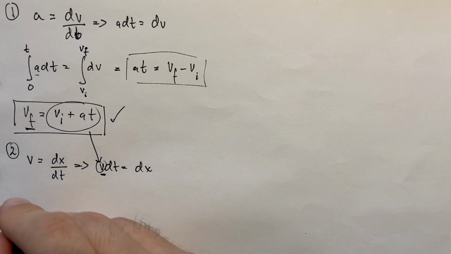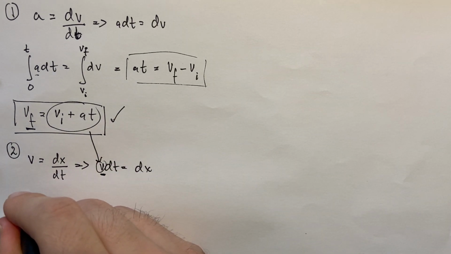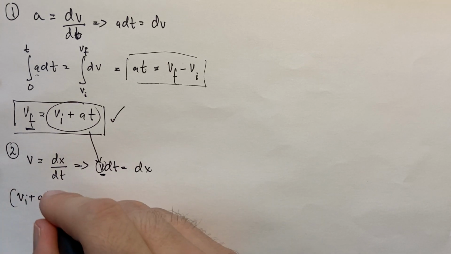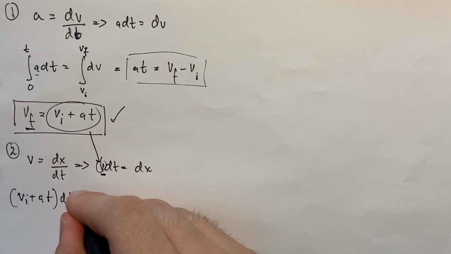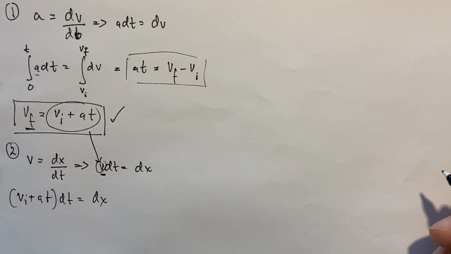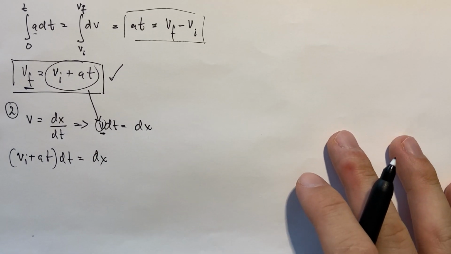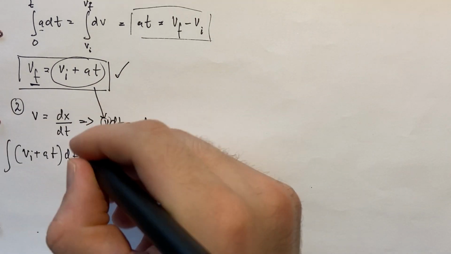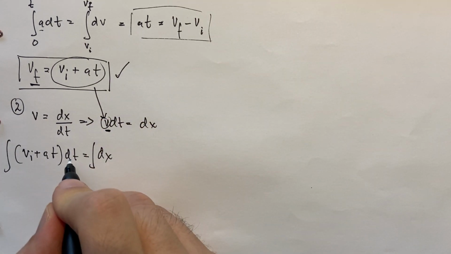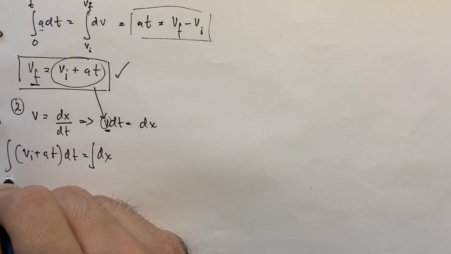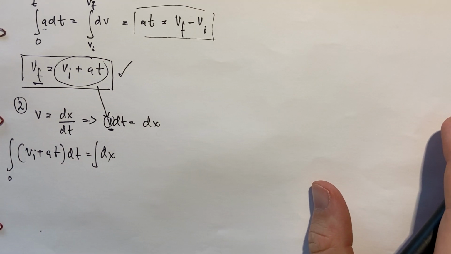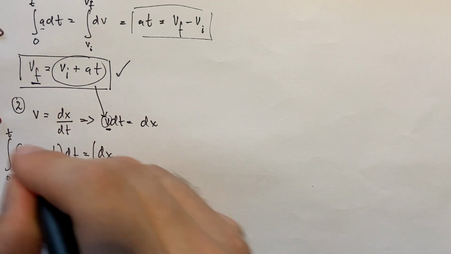So let's put this expression here. And what we'll end up with is vi plus at dt equals dx. And now we can go ahead and integrate both sides. Again, dt here, so we start off from a time 0, lower limit, to a time t.